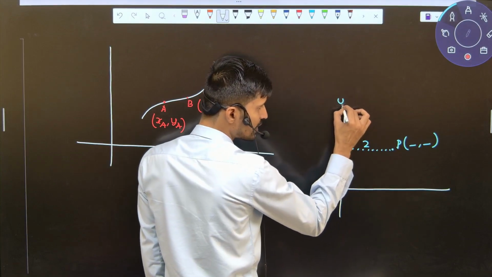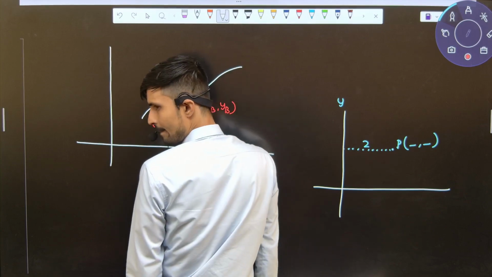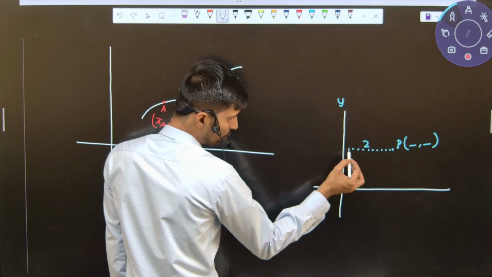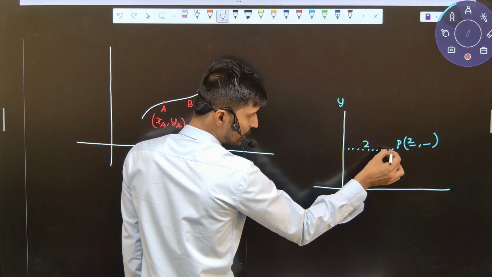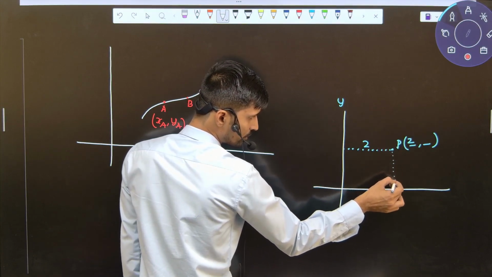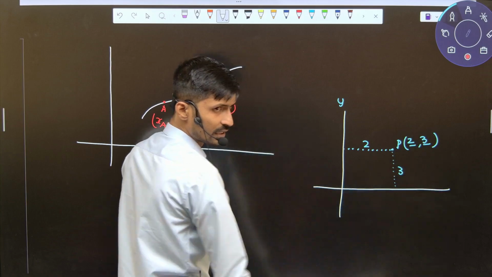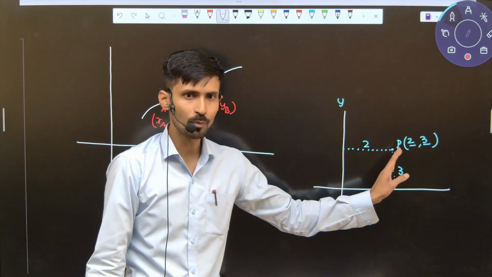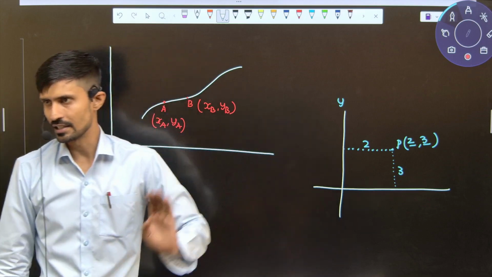This is your y axis, Dikshit, visible? If the distance of this point from the y axis is 2, we'll say the x coordinate is 2. And if the distance of that point from the x axis is 3, we'll say the y coordinate is 3. It means for a point, the x coordinate is the distance of the point from the y axis, and the y coordinate is the distance of the point from the x axis.